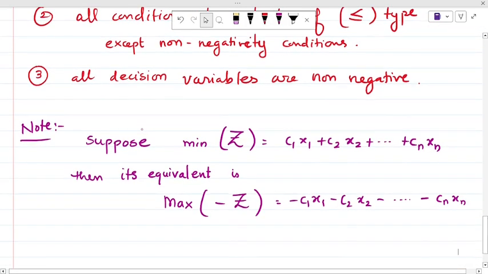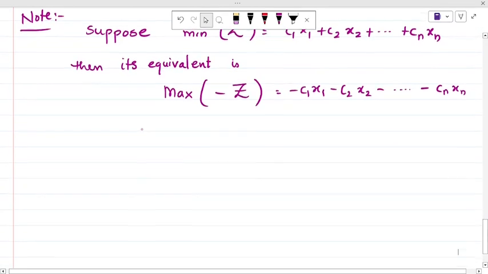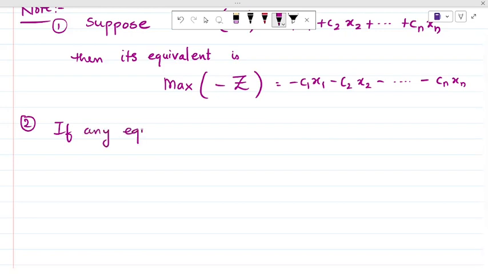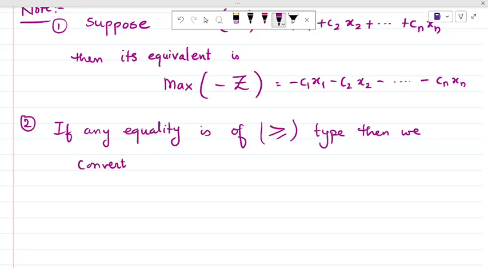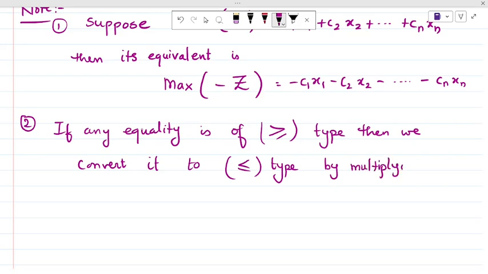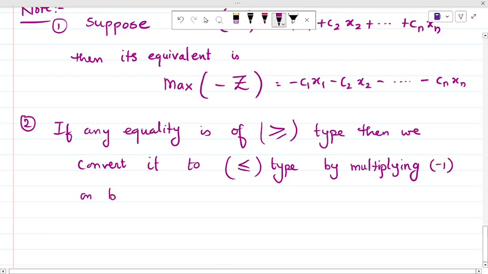Now we consider another case: if any inequality is of greater than or equal to type, then we convert it to less than or equal to type by multiplying by -1 on both sides.